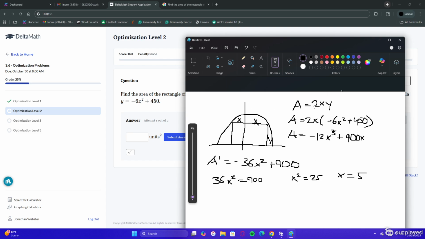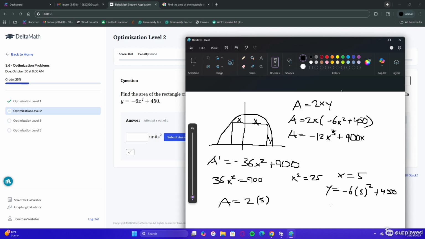So now we have to just plug that in for y. So A equals 2 times 5, and solving for y, our y equals negative 6, and instead of writing x, we can write 5 squared plus 450.